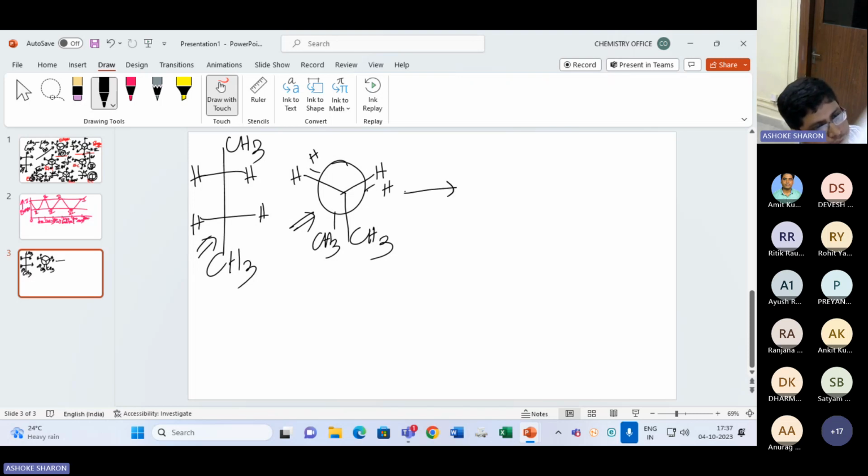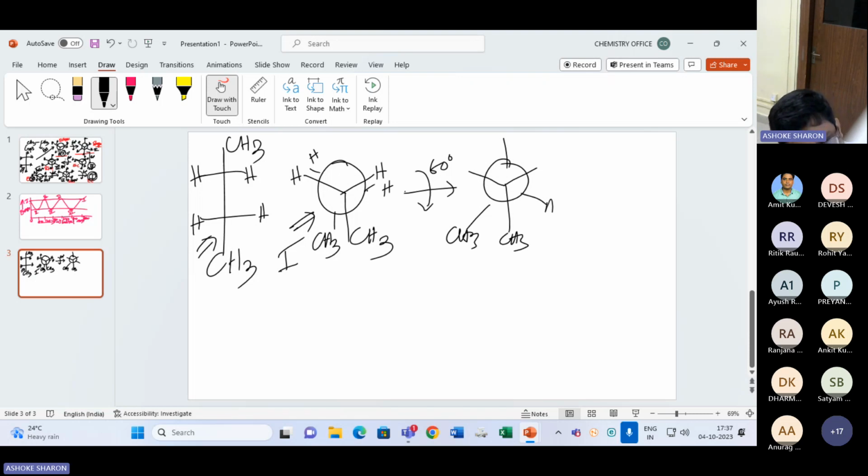Now I rotate 60 degrees. So this is structure number 1. Then what will you get? You will get here CH3, CH3, hydrogen, hydrogen, hydrogen, hydrogen. This is a hydrogen. So this is structure number 2.